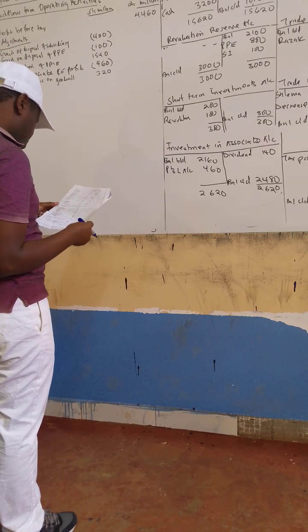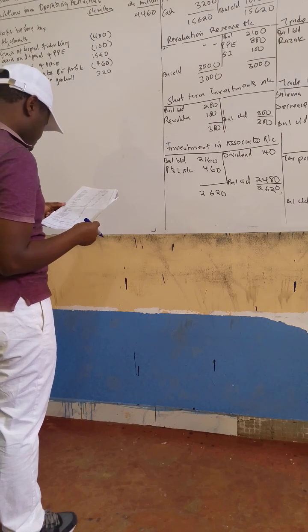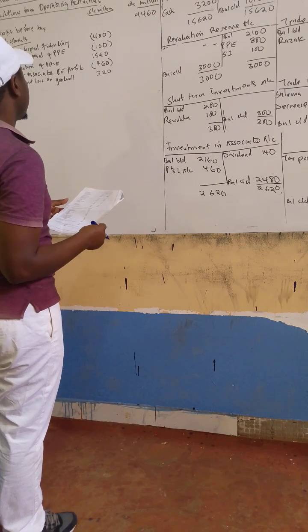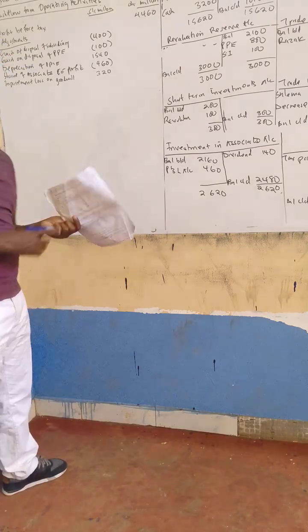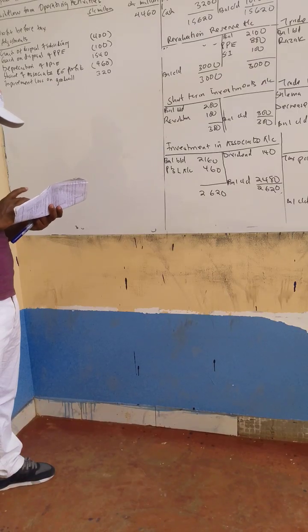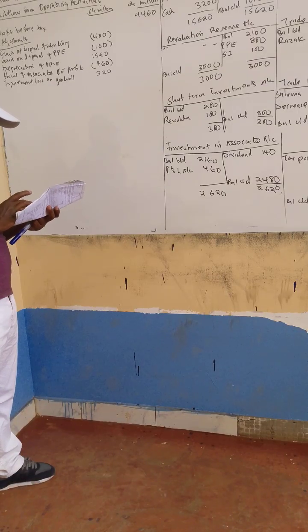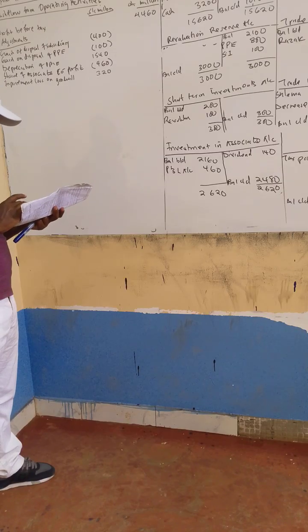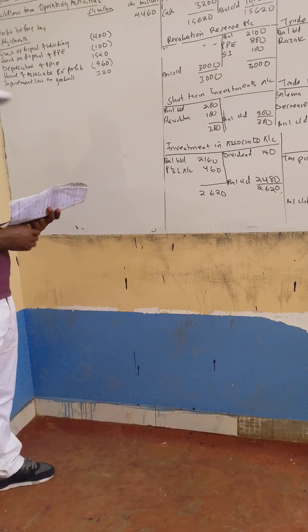What else do we have under operating activities? I don't think there was any other one. So let's work out those adjustments. Negative 400, minus 100, plus 1540, minus 460, plus 320, get 900.